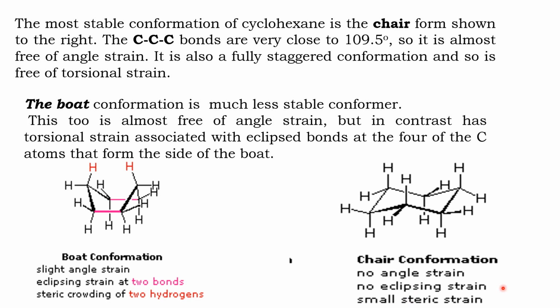Because it has a bond angle almost the same as 109 degrees 5 minutes, that means the angle strain is almost absent. And there is no eclipsing strain and only very small steric strain. That is why the chair conformation is highly stable. Take down.